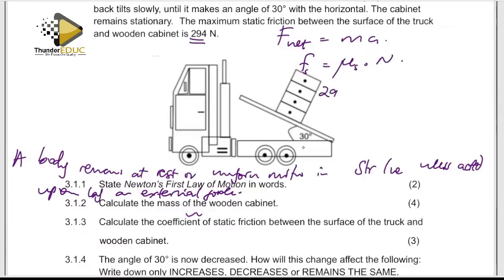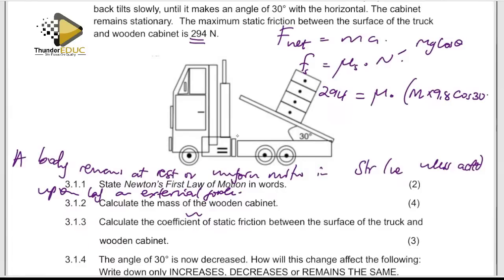So we have the 294 being equal to, did they give us the coefficient? That's what they want us to find. The component of the normal force is mg cos theta, which is m, which we don't know, multiplied by 9,8, and the cos of 13.